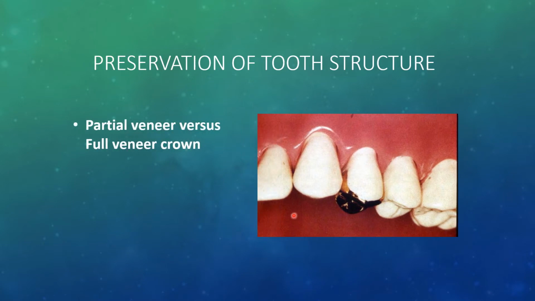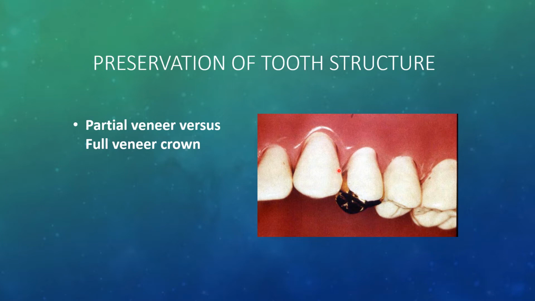We need to preserve whatever we have, guys. We cannot just go through and extract whatever is seen or required. Only when indicated should we advise the patient to go through the extraction, and only in a very poor or hopeless prognosis case, if we are not able to preserve the teeth, then only should you go through the extraction procedure.